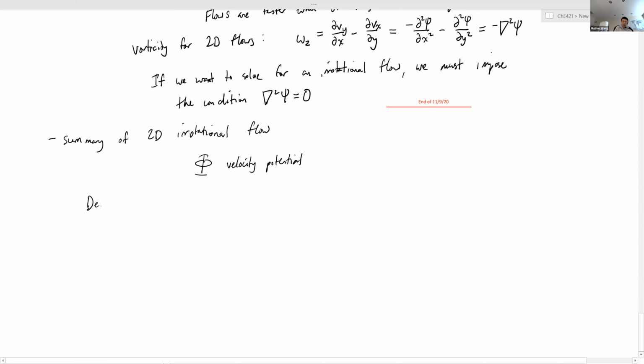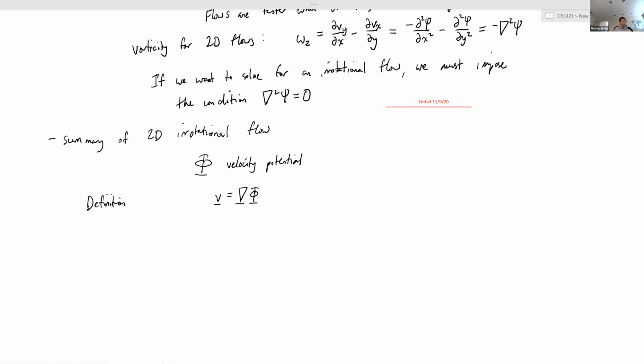By definition, this velocity potential is selected such that the gradient of this scalar velocity potential gives you the velocity field that you care about, right?